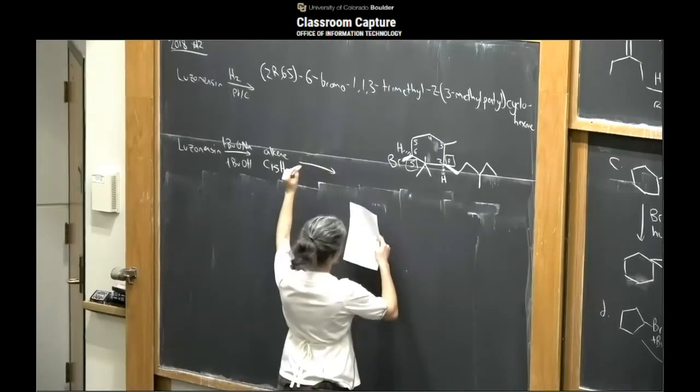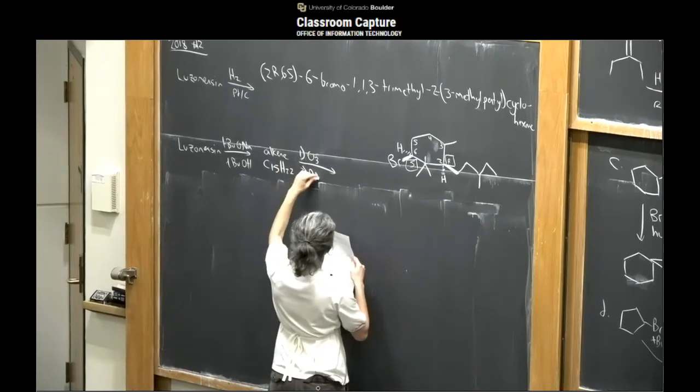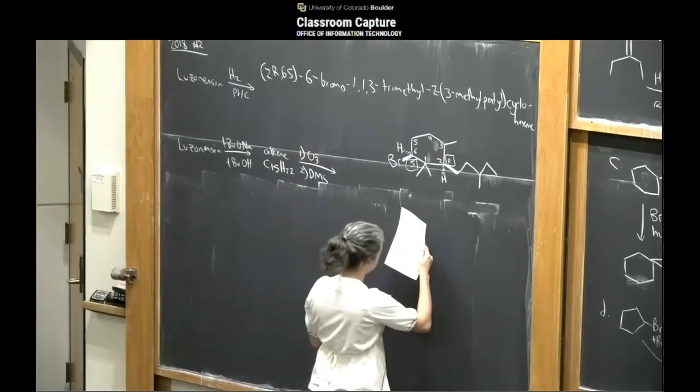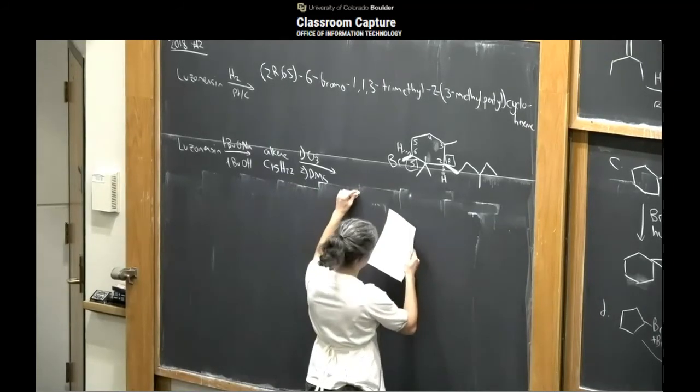And then if you take that alkene and you hit it with ozone and then DMS, you get a whole pile of stuff.